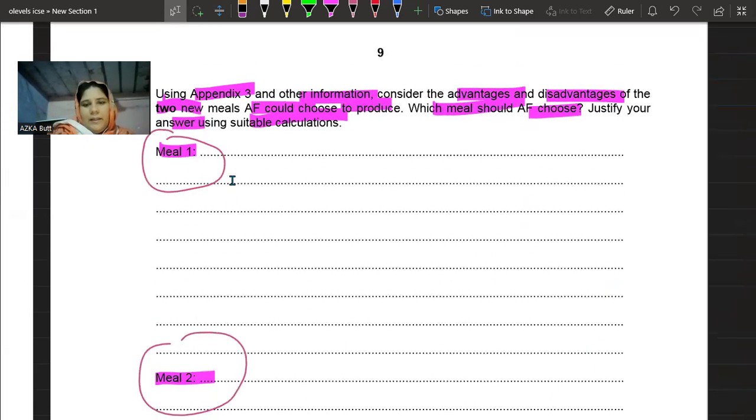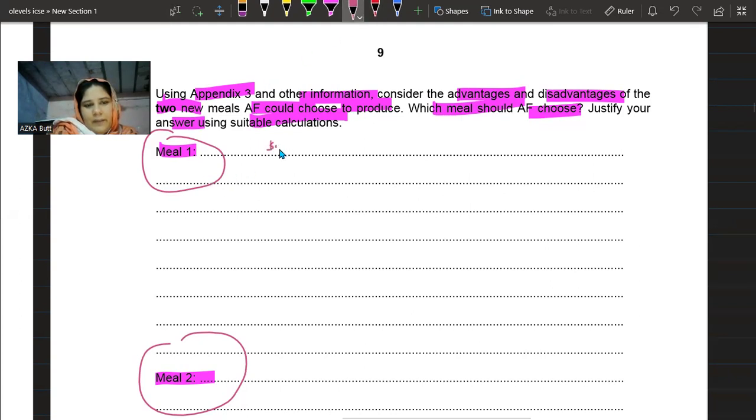Okay, so now we have to choose whether we should choose meal one or meal two as a new range of our products. We have to see its calculations. It means that we have to consider its calculation and its other information also. For meal one, we have done the calculation previously.